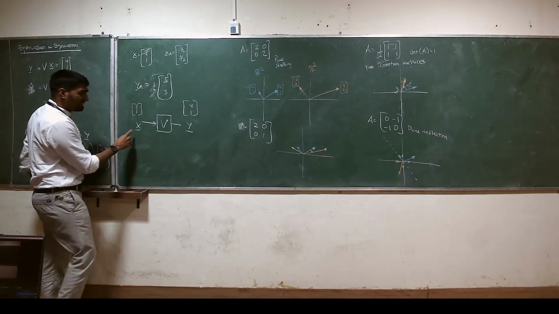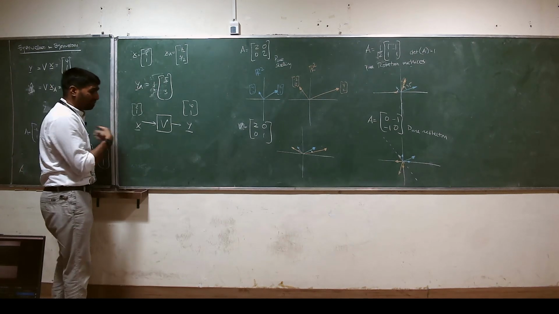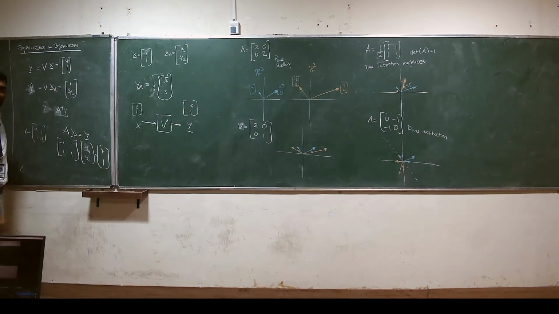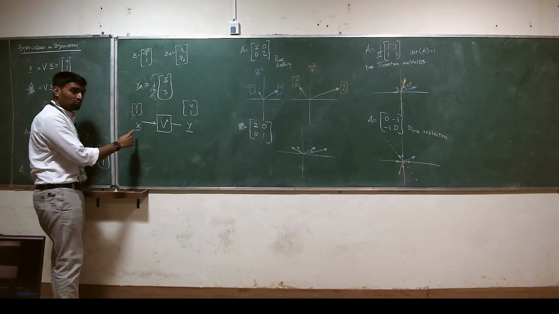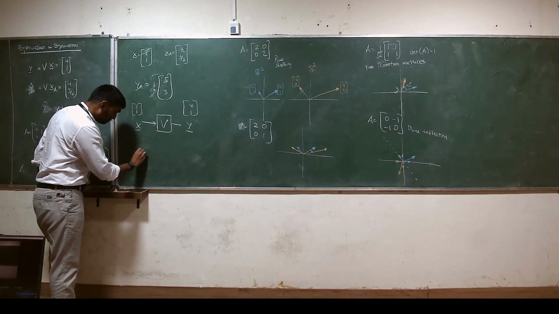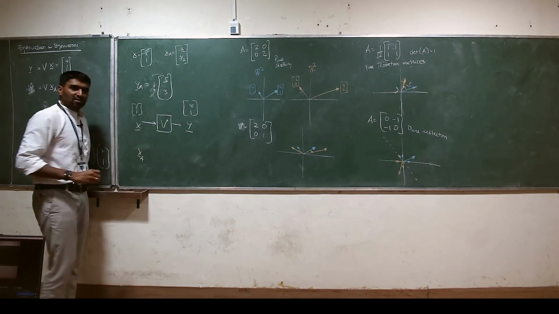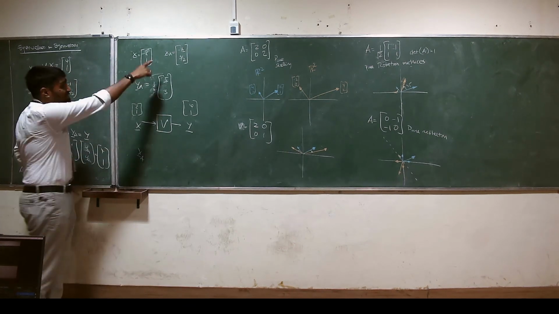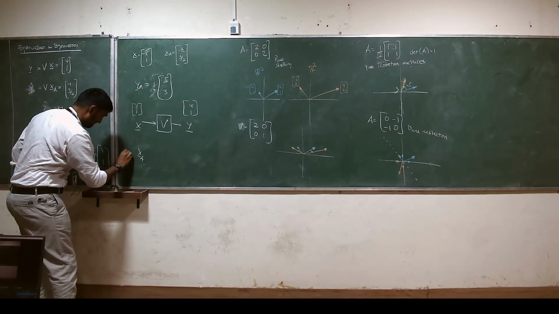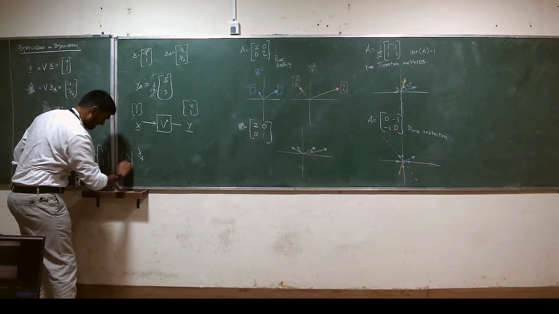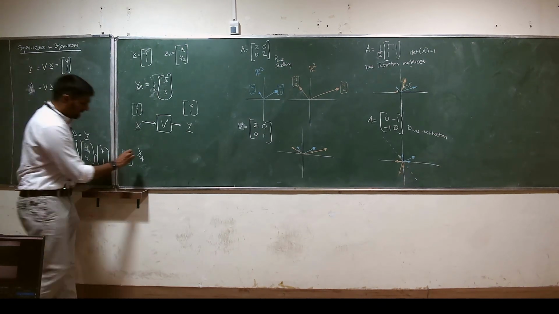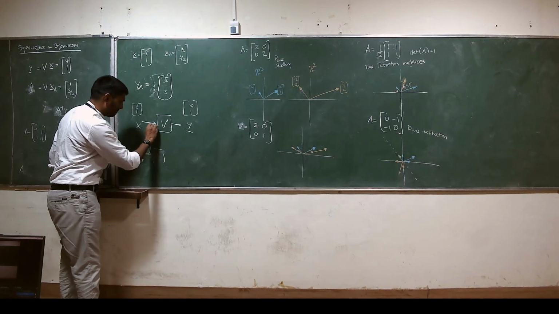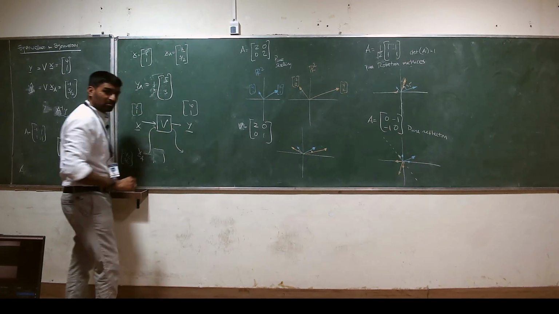Now let's say I am working in the standard basis, but you're working in the A basis. So you're saying, okay, I want to do the same operation, but I'm going to use my representation. This representation of X in the A basis is minus half, 3 by 2, right? Now if I put this through V, I get something.